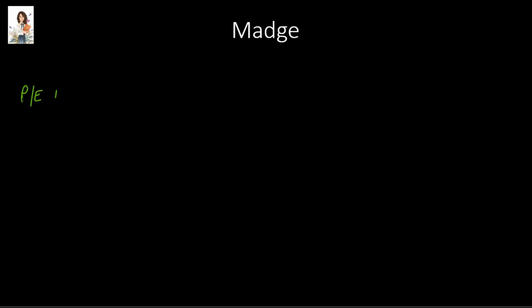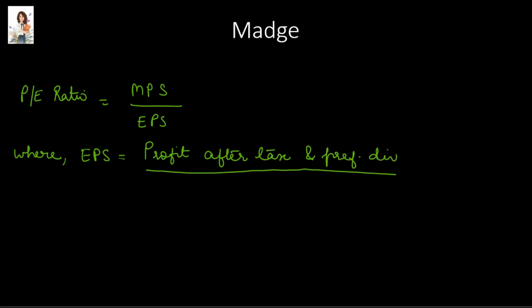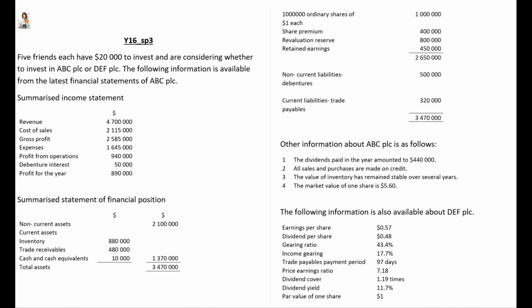P/E ratio is equal to market price per share upon earnings per share, where earnings per share is equal to profit after tax and preference dividend upon number of ordinary shares. We already know that in this question there is no preference share capital or taxation, and therefore the profit for the year will be the profit after tax and preference dividend, that is $890,000.